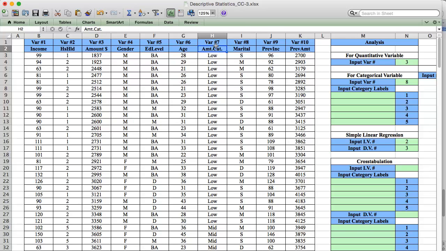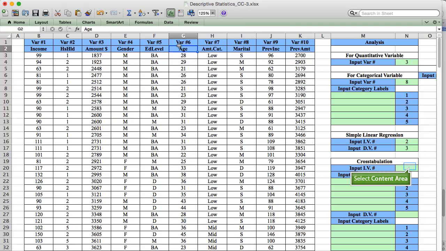If we wanted to, we could similarly group income into categories. We could group household size into categories. We can group age into categories and make 3 more crosstabs if we wanted to do that. We'll just stick with the 3 that are already in categories: gender, ed level, and marital status.